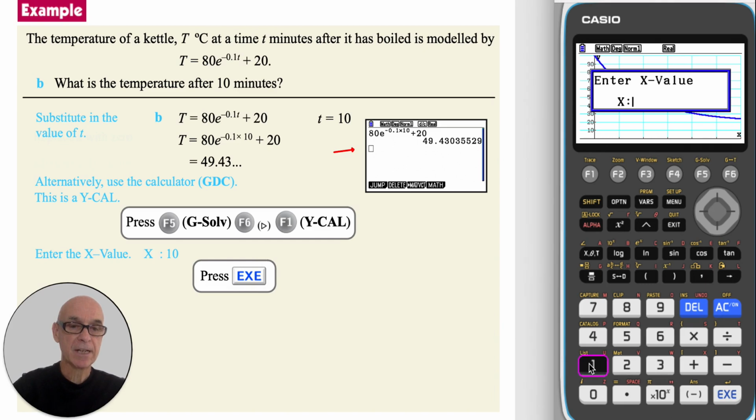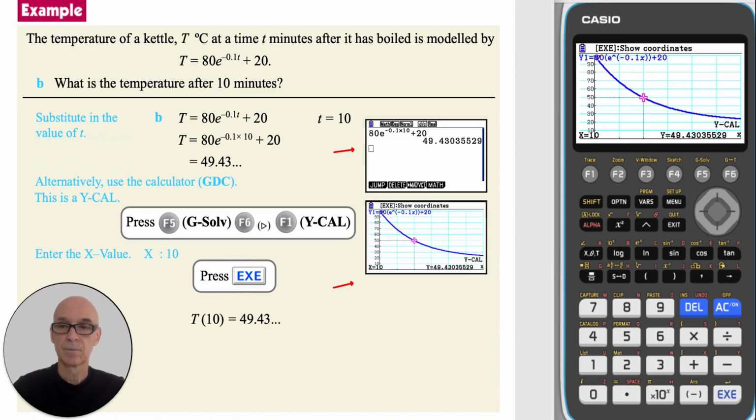Enter in the X value of 10 and press execute. We get the same value as before. So the temperature after 10 minutes is 49.3 degrees C, correct to 3 significant figures.